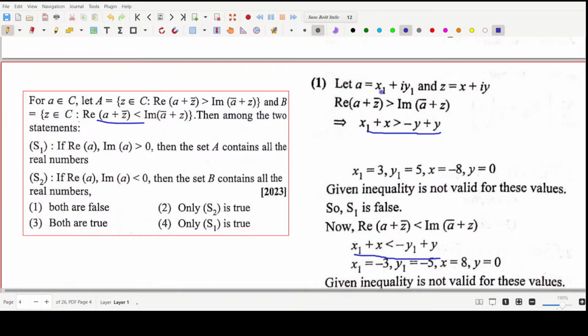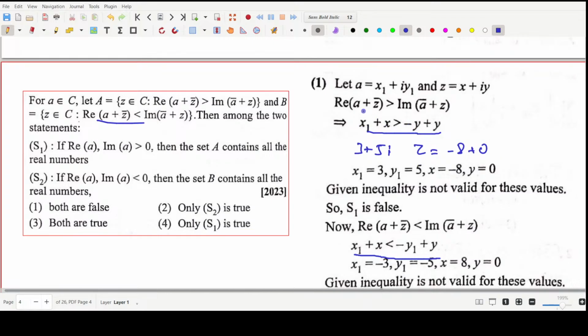x1, what he's calling a, as 3 plus 5i. We can take any random example, right? And z as minus 8 plus 0.